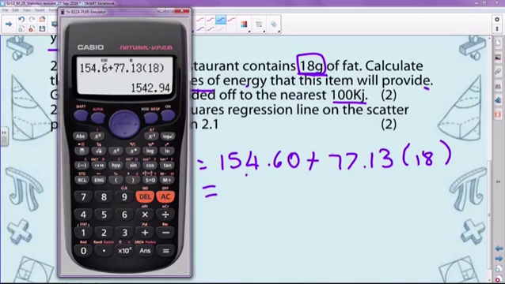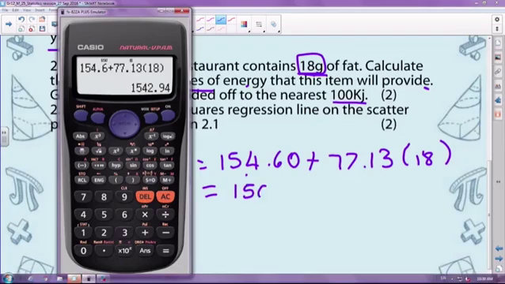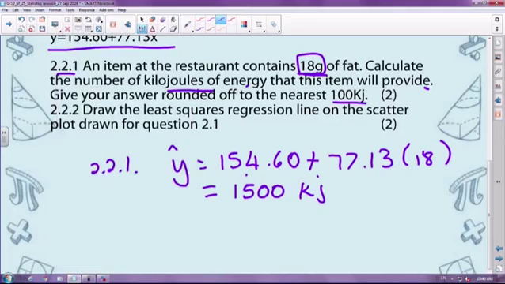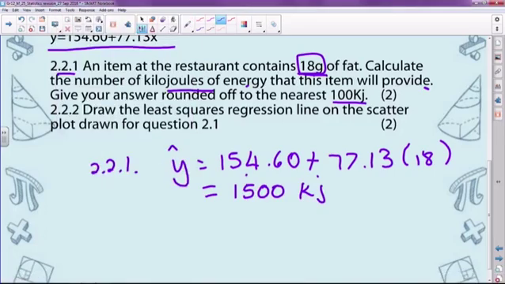But remember, they said round off to the nearest 100 kilojoules. So that actually means I've got to take 1,542 and round it down, because the closest 100 kilojoules would be 1,500 kilojoules. All right.